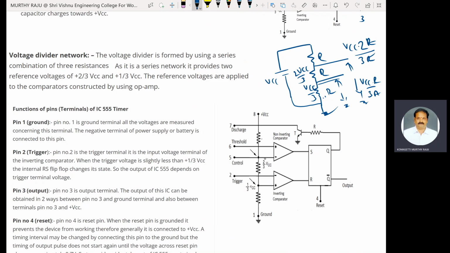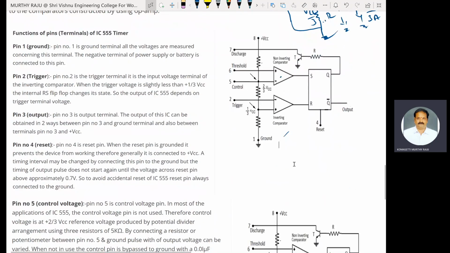Here 2 by 3 VCC is connected to the inverting terminal of the threshold comparator. 1 by 3 VCC is connected to the non-inverting terminal of the trigger comparator. These are the descriptions of the internal components of the 555 timer IC.